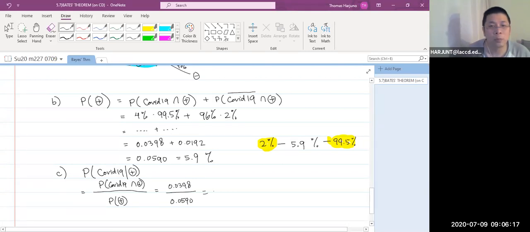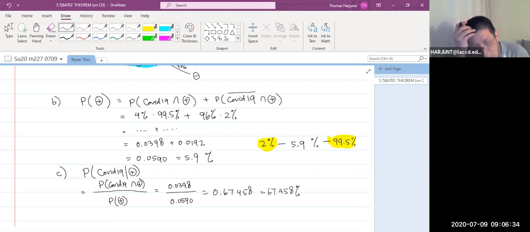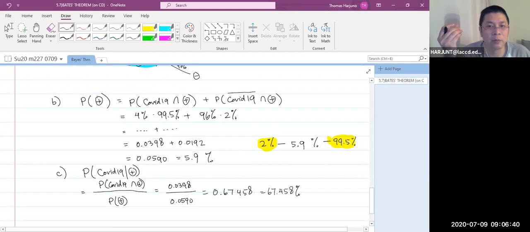And that is 0.67458, that's 67.458%. So if I am tested positive, the probability that I actually have it is approximately 2/3, approximately 67%.